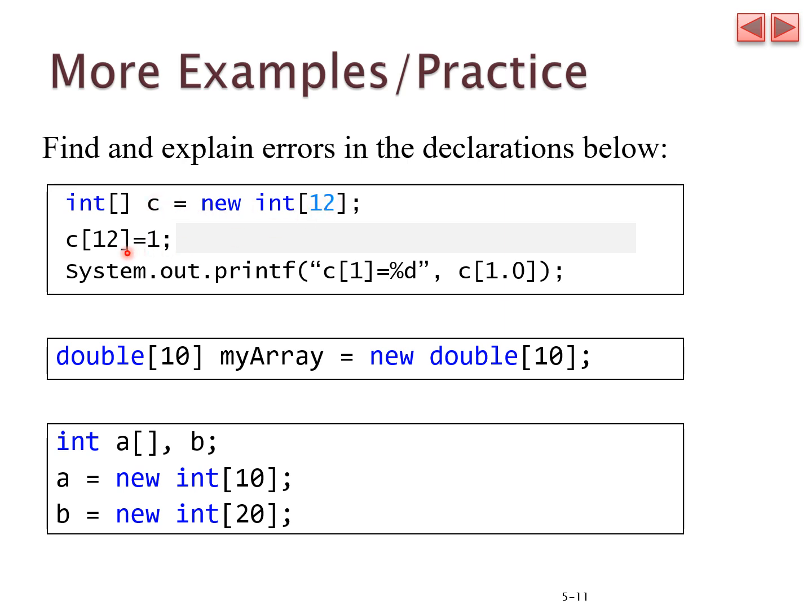And here we are trying to access the element at index 12, which is not legal. It's not a valid index. So this will create a fatal error because the index must be less than the array length.